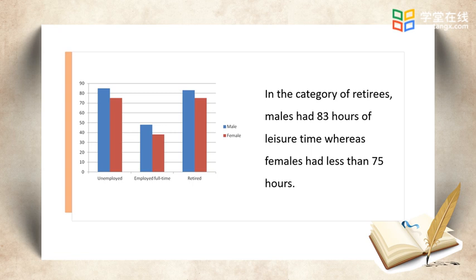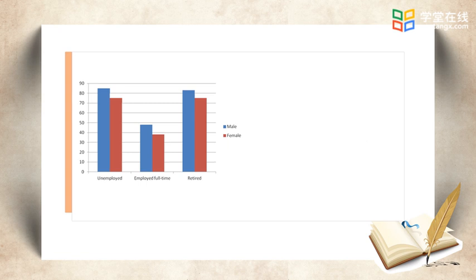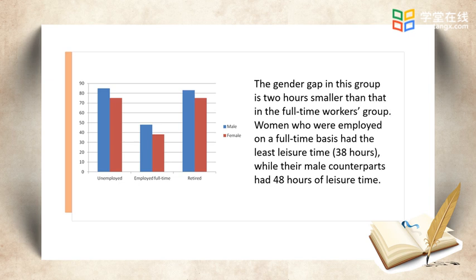In the category of retirees, males had 83 hours of leisure time, whereas females had less than 75 hours. The gender gap in this group is 2 hours smaller than that in the full-time workers group. Women who were employed on a full-time basis had the least leisure time, 38 hours, while their male counterparts had 48 hours of leisure time.